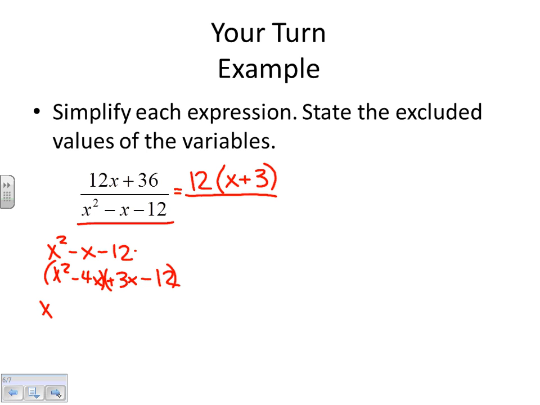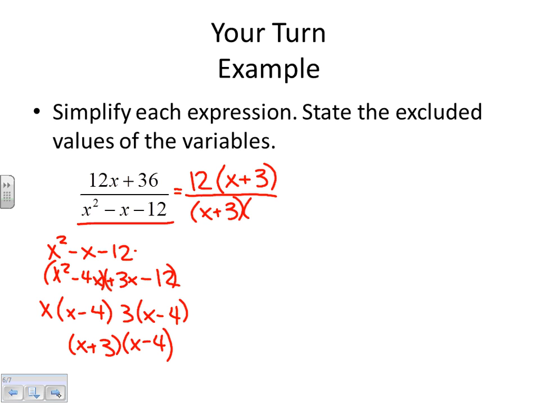Group in here, factor out an x, factor out a 3, and we have x minus 4 times x plus 3. Then we find the common factor between the top and bottom, x plus 3 and x plus 3. Simplified, it is 12 over x minus 4.